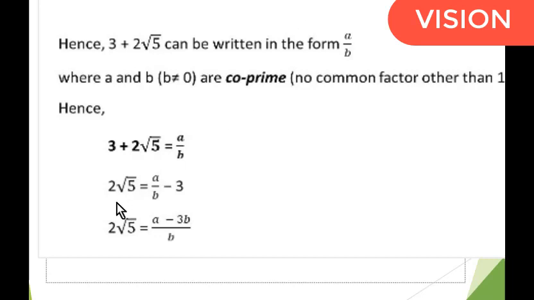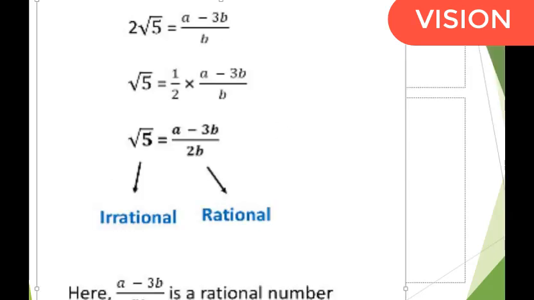Another name for rearranging is manipulation. We move all the items apart from root 5 to the RHS. In this step we get 2 root 5 equal to a minus 3b divided by b. Again moving this to the RHS side, we get root 5 equal to a minus 3b divided by 2b.